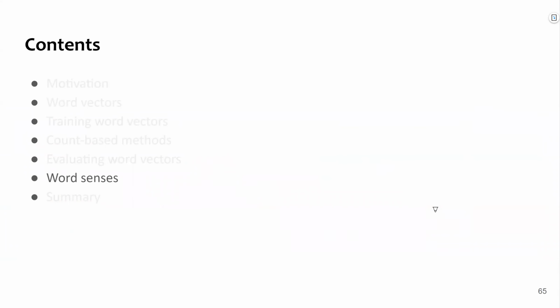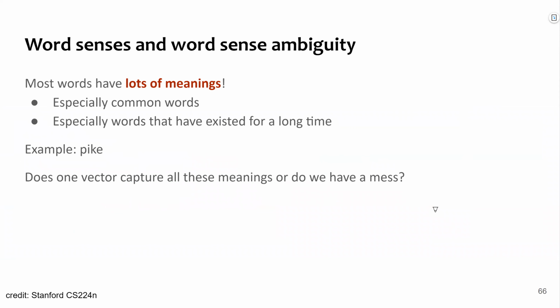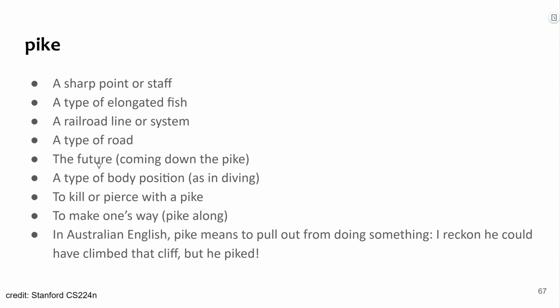Okay, another issue is that most words have lots of meanings, especially common words, and common words that have existed for a long time, like pike. And here you might question, does one vector capture all these meanings or do we have a mess? Like pike has so many different meanings like this.